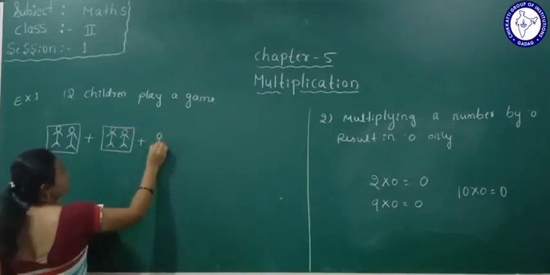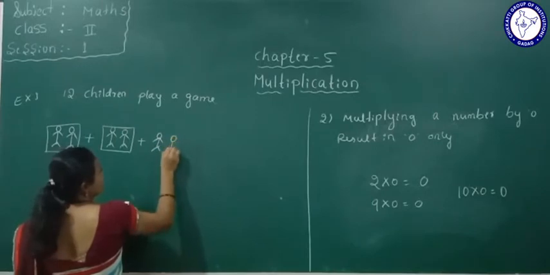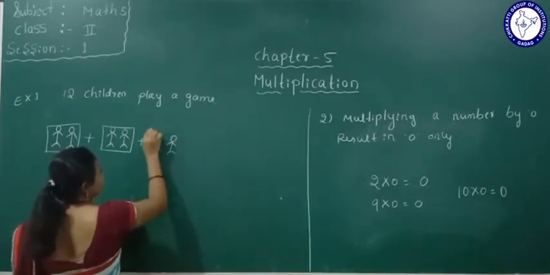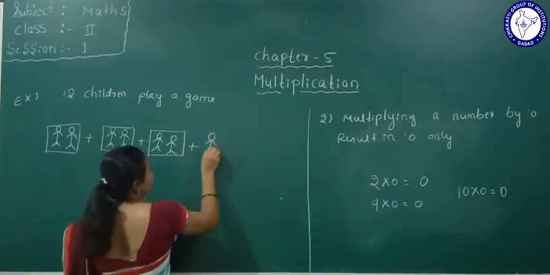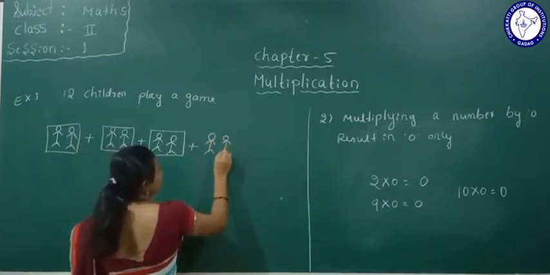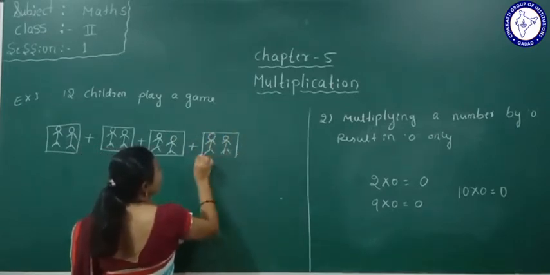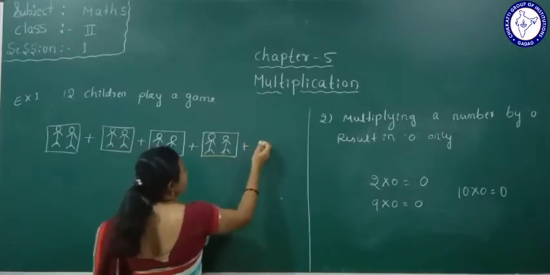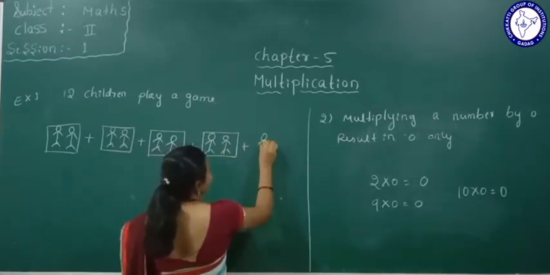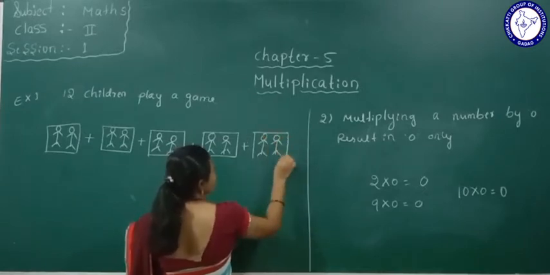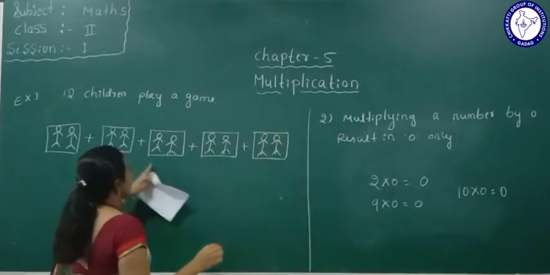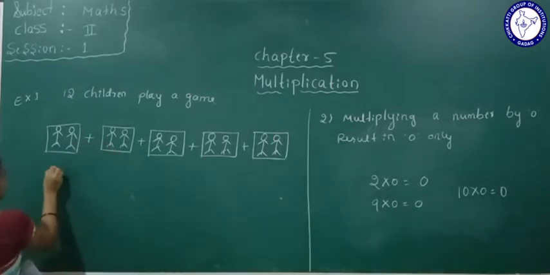Plus 2 children, another group, and next one. There are how many children totally? There are 12 children. How many groups do we make now here? 6 groups. Okay, 2 children, 1, 2, 3, 4, 5, another one. Okay, I'll write here.